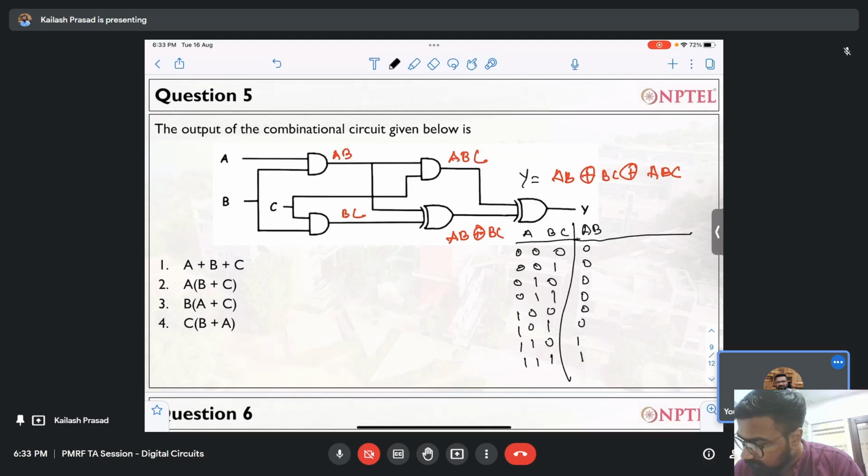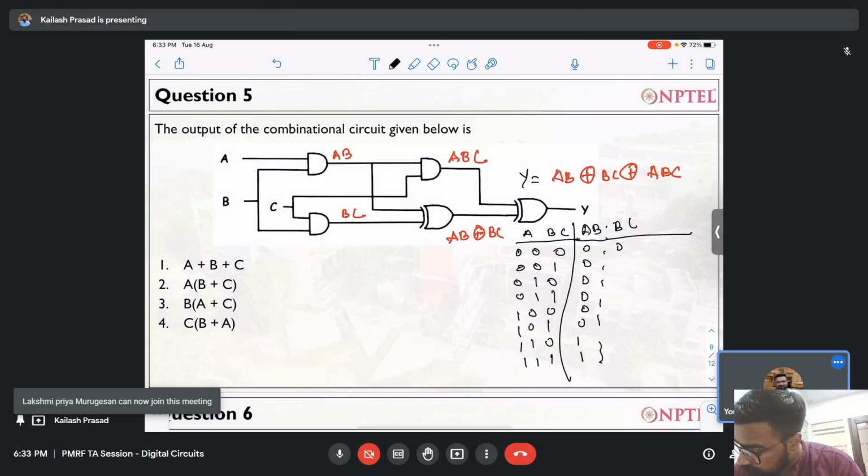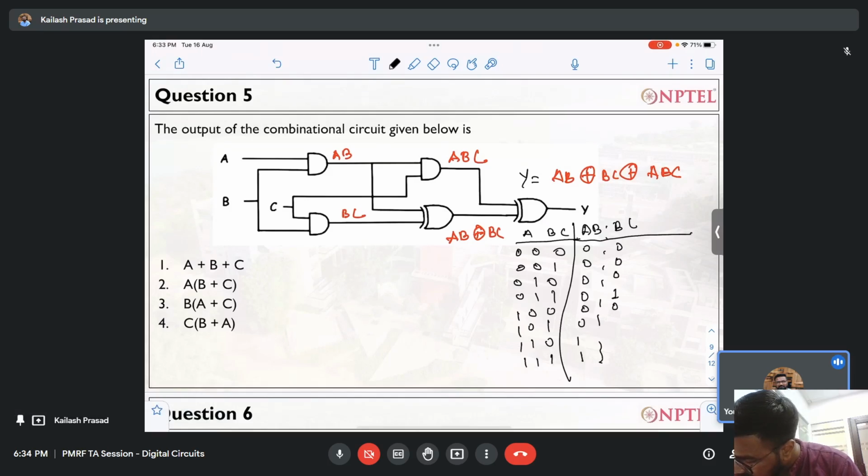Then I will make it for BC. So this will be 0 0, then 1, then again 0 0, 0, and 1.